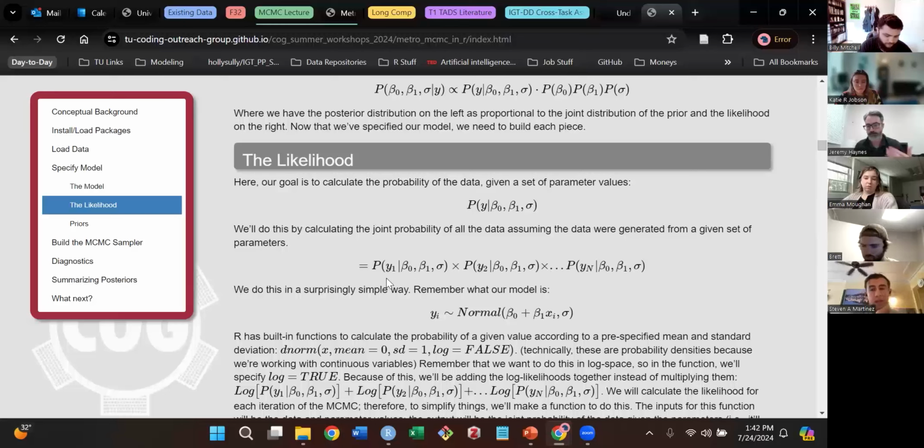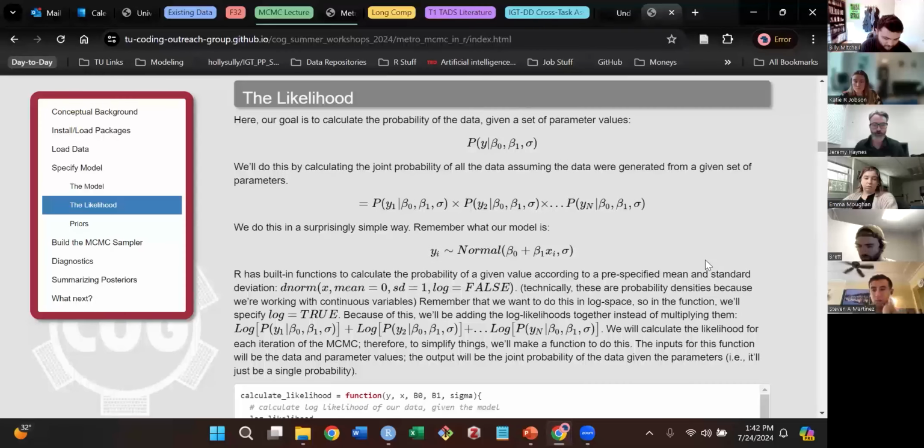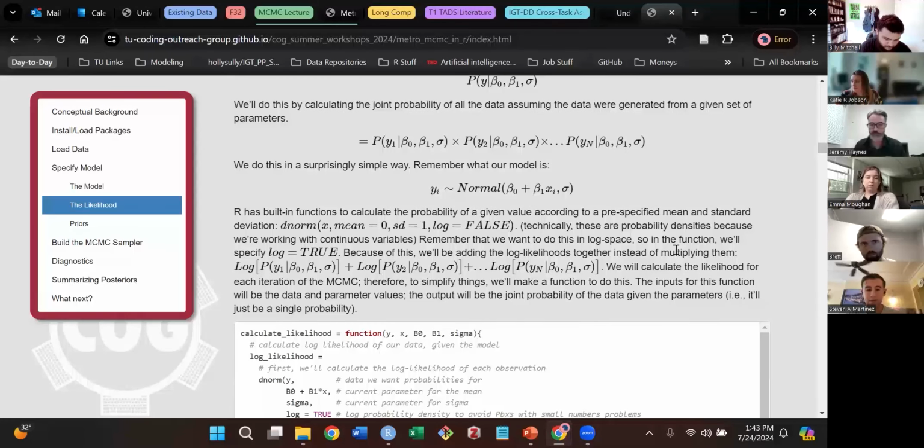And when I say joint probability, it just means they're all multiplied together. What is the overall probability? And we can do this in a very simple way in R. It's simpler than I ever thought it was when I was introduced to this kind of stuff. So we're just going to use the dnorm function. dnorm technically works with probability densities, but we're working with a continuous variable, so it works out just fine.